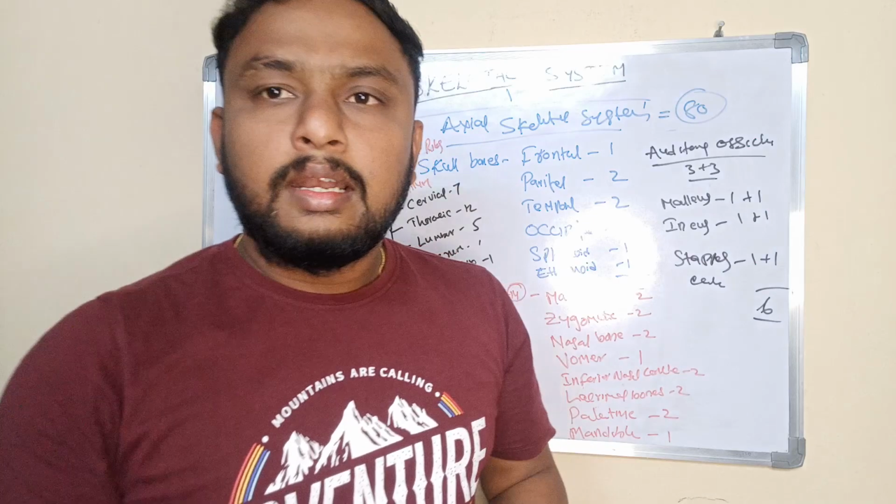Okay, that's it. Next system is the appendicular skeletal system. In the appendicular skeletal system, I told you already, the bones which are present in the upper limbs, lower limbs, shoulder girdle and pelvic girdle.